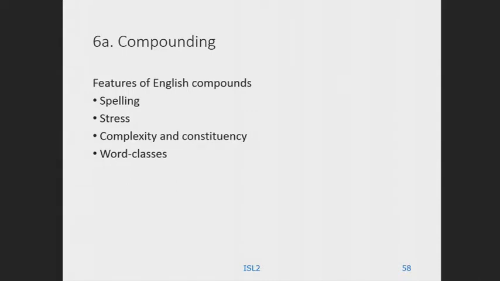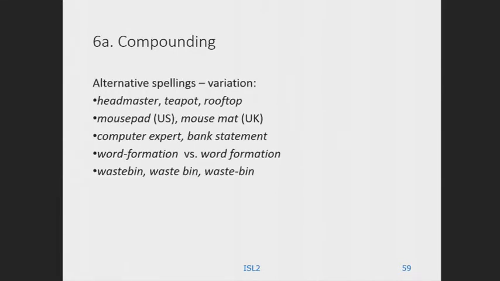And the later it was introduced into the language, then we usually have a hyphen or an actual space. And the rule of thumb is usually look it up because you can't quite tell. Yeah. So you know you have different ones. And sometimes it's even a regional difference, like mousepad is usually spelled together, whereas the mouse mat in the UK, you usually have a space in between.